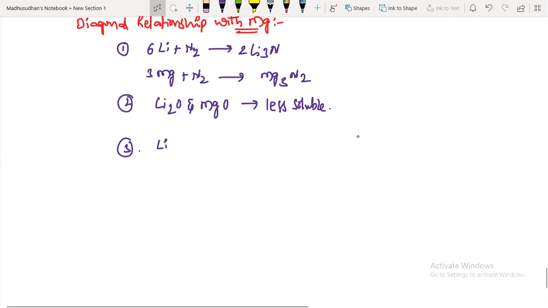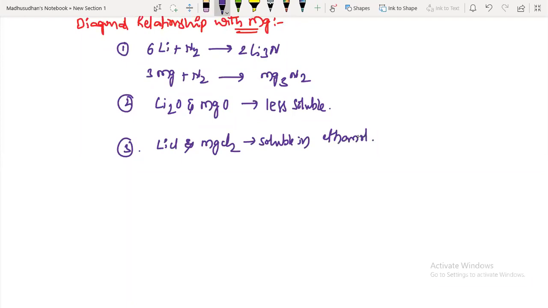Both lithium chloride and magnesium chloride, MgCl2, are soluble in ethanol. Both lithium chloride and magnesium chloride are deliquescent.